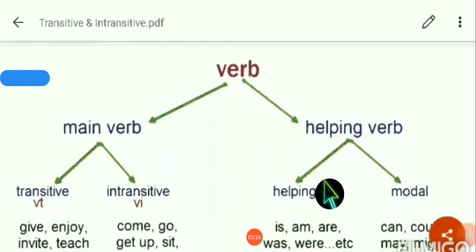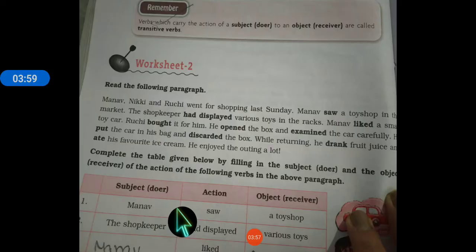But intransitive verbs do not need any object to receive the action. This is the main difference: a transitive verb always requires an object, and intransitive verbs do not require any object to pass on the action from subject to object.